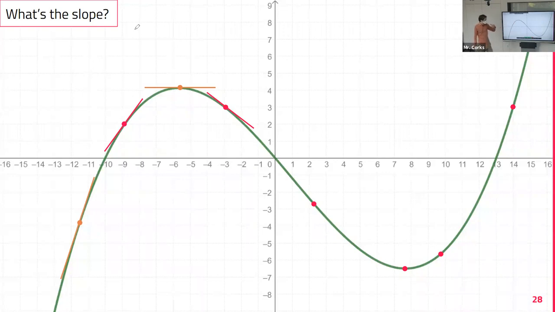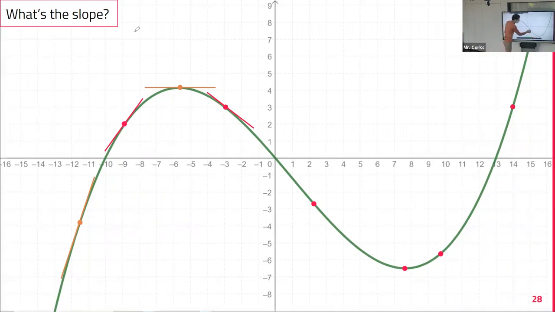We should be able to pick any point on the line, like this one, or this one, or this one, and not say exactly what the slope is, but at least know it's positive or negative, and like a big positive number or a really low positive number.